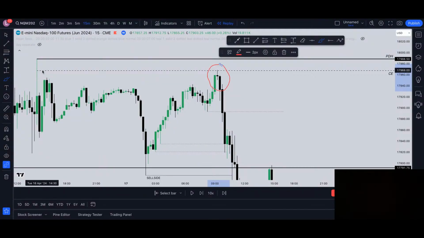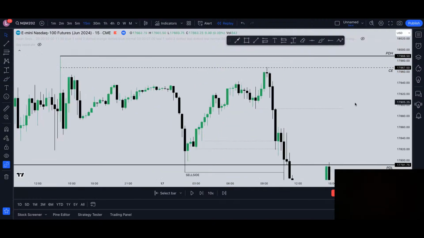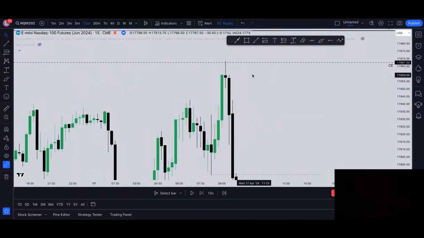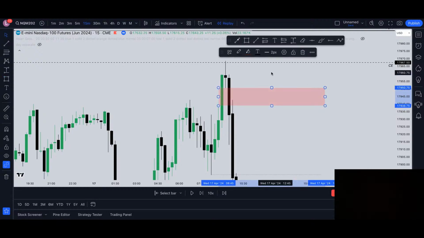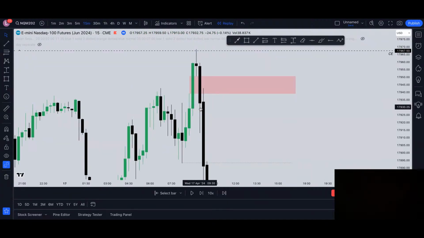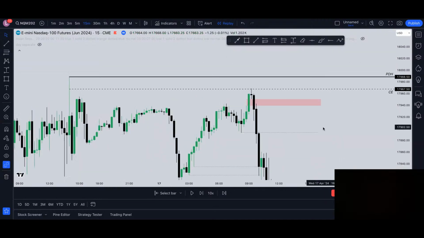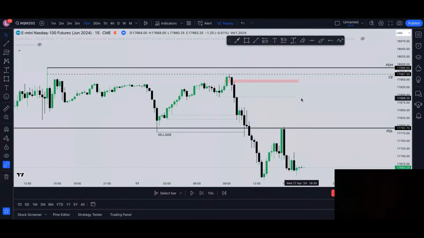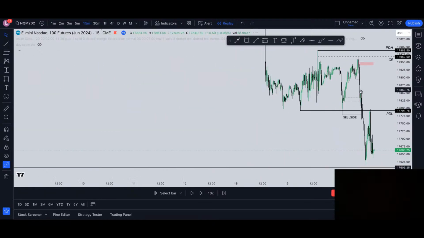Higher time frame key level, displacement, and on the 15-minute, inversion fair value gap, close below after 9:30. Price is showing willingness to take this outside, and after that price just dropped.